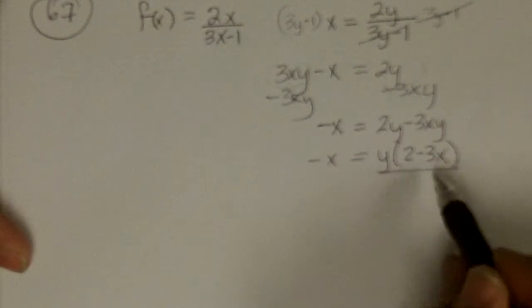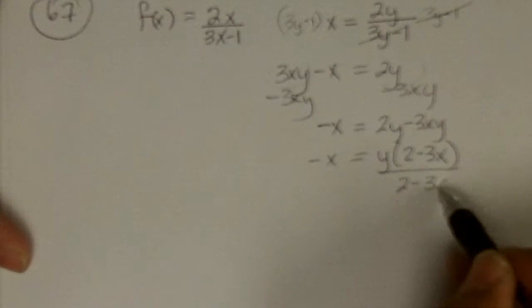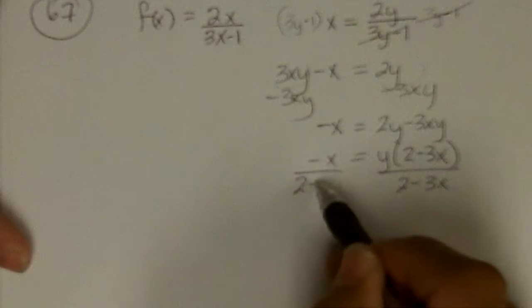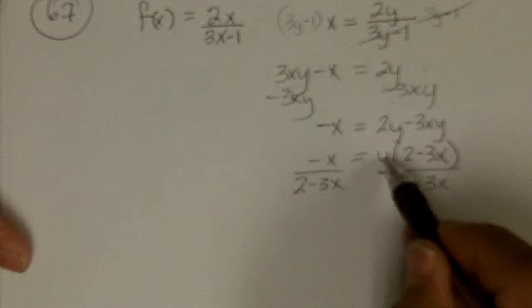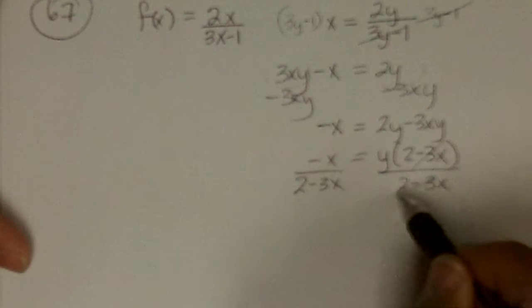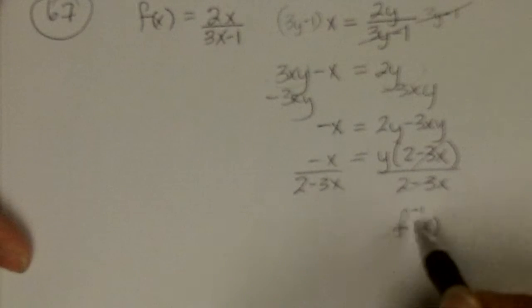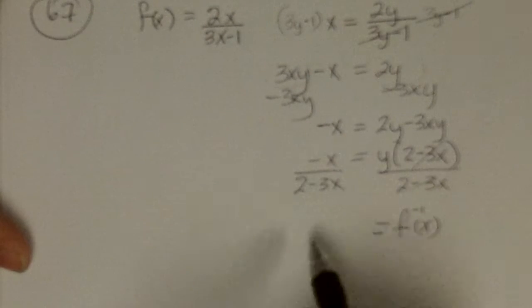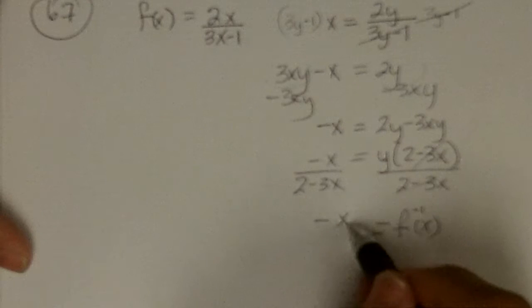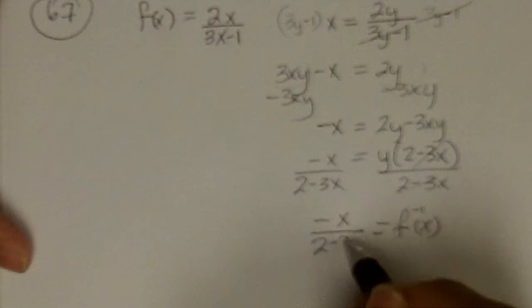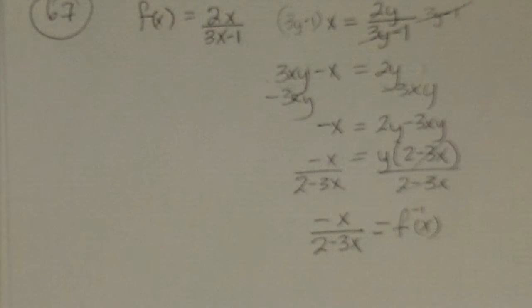So if I divide both sides by 2 minus 3x, I get y, the inverse, this would be by itself now, so f inverse of x, or y, will equal negative x over 2 minus 3x. The one number I can't use in here is 2/3.